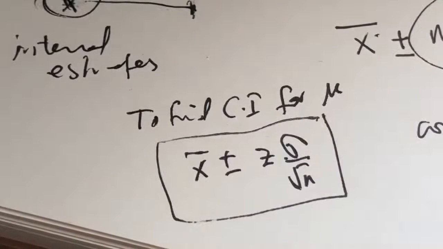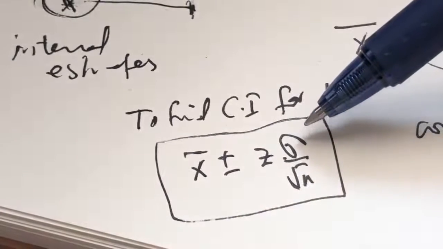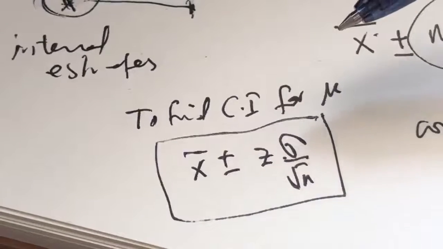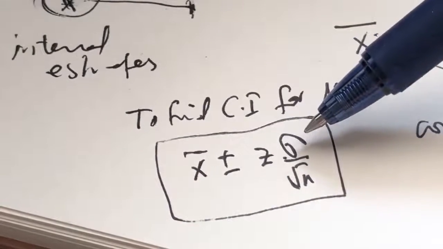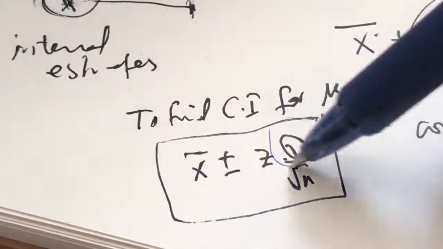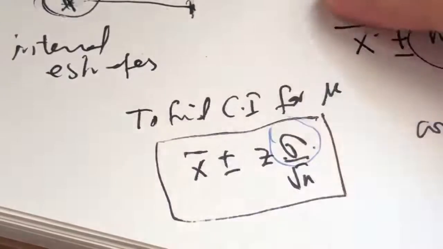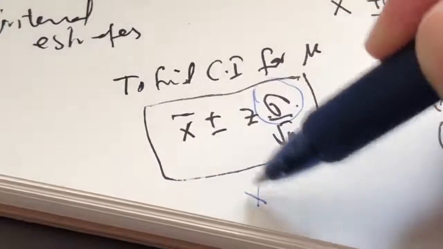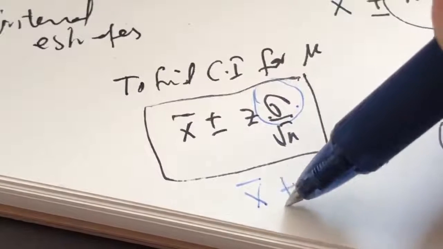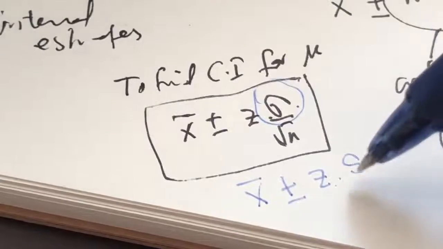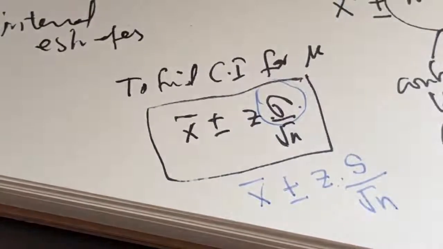Now, sometimes we don't know what the population standard deviation is, even when the sample size is large. So what do we do in that instance? Very simple. If, let's say, we have a large sample size, but we don't know what the population standard deviation is, all we need to do is just estimate the sigma with the sample standard deviation, or S. In other words, you can rewrite the formula as the point estimate plus minus confidence level times S, or sample standard deviation, over the square root of n.